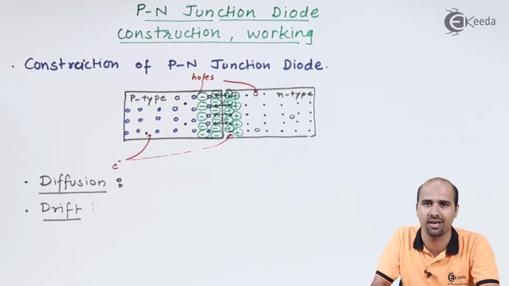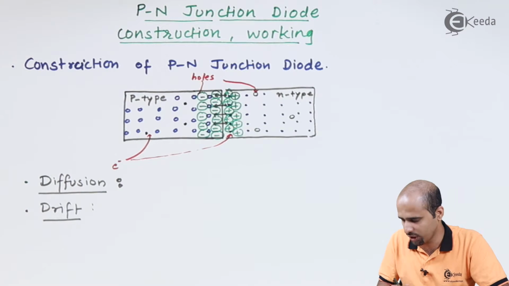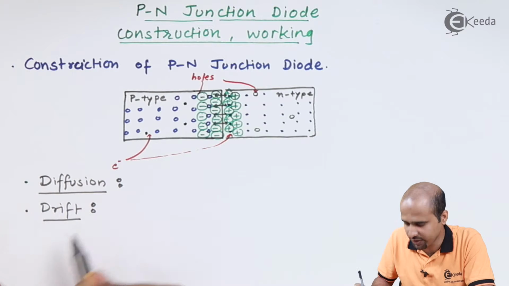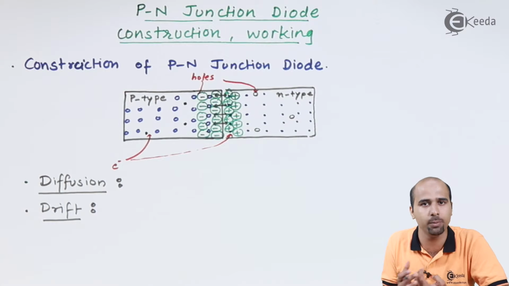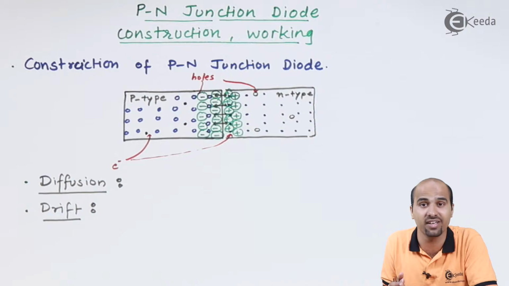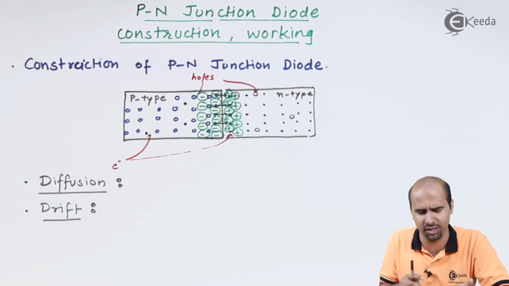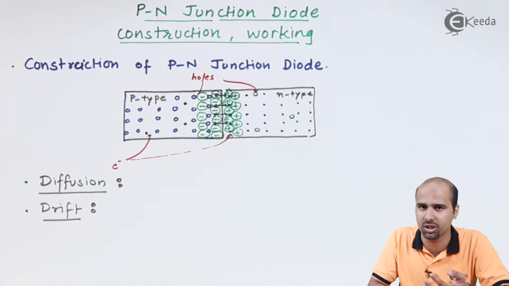Drift is the process in which the electron moves from n-type to p-type and holes move from p-type to n-type after applying external potential or external energy. That energy may be in the form of electrostatic energy, magnetic energy, thermal energy or any kind of energy.